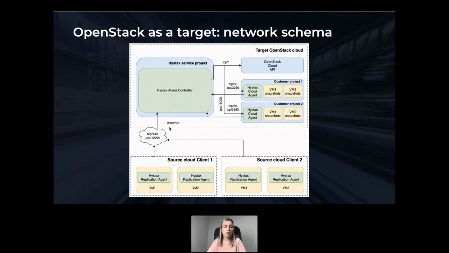And there are replication agents that are installed either to VMs in case of internal agents, or in case of external agent, it's going to be a single VM that is deployed on a hypervisor level and detects all the machines on this host.